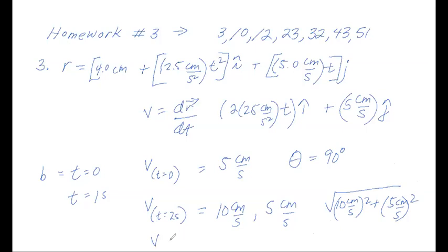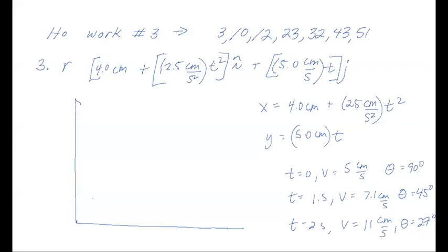V is going to be 11 centimeters per second. And to get theta, tan inverse of 5 over 10 is going to give me 45 degrees, right? So that's B, 3B.